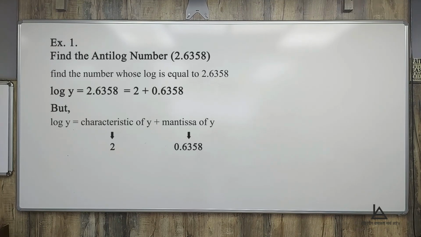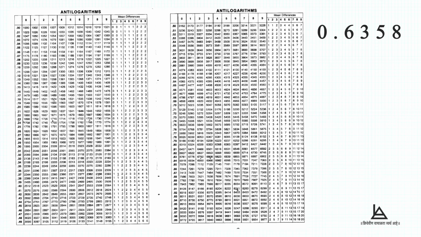Let's take step number 1. First, consider just the mantissa part, that is 0.6358. In the antilog table, the entry in the row beginning with 0.63 and under the column headed by 5 is 4315. Since the next digit in 0.6358 is 8, find the number in the same row and in the difference column with heading 8.